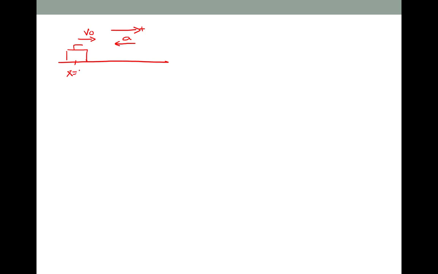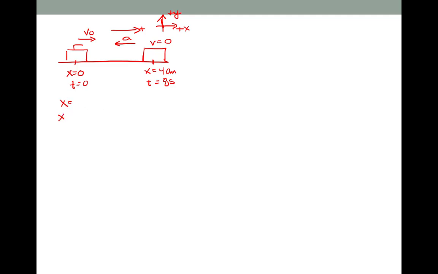I can let this position be 0. And where it stops down here be the 40 meter mark. And I know if this is t equals 0, this is t equals 8 seconds, given all of this information. I'm going to define my coordinate system with positive x going to the right, positive y going up. Not that we have any motion in the vertical direction, but consistency and things like that.